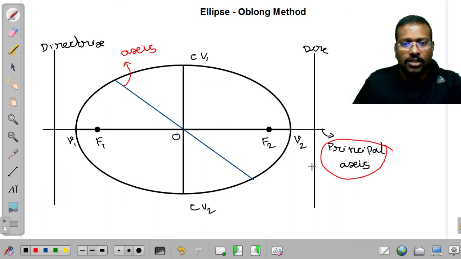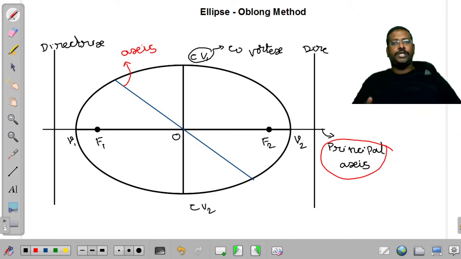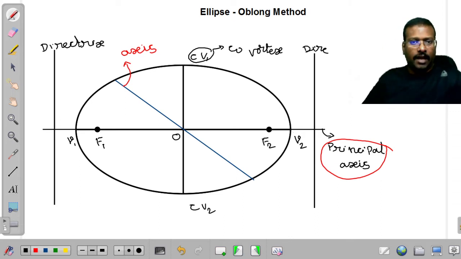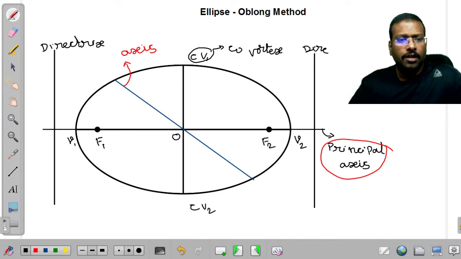So this is considered as vertices, this will be considered as co-vertices, the opposite. The vertices are far from each other, so the co-vertices are very close to each other. That is the thing you have to remember here.